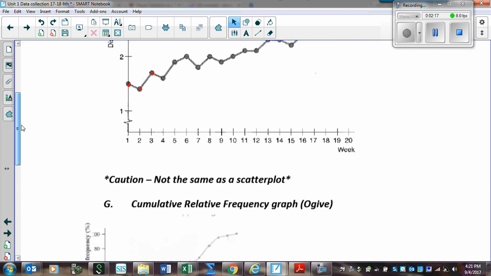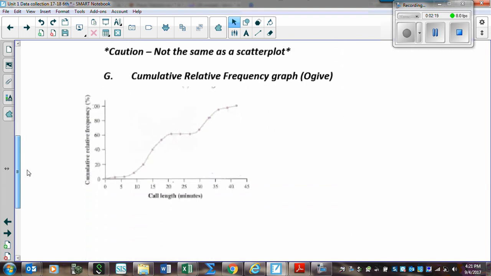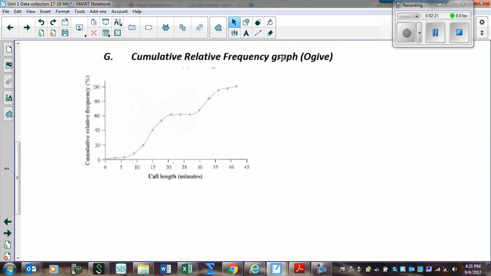And then this last thing called a cumulative relative frequency graph, or an ogive. So what this information is on the horizontal axis is call length, and so this is a call center, and they record the length of every customer service call that comes in.